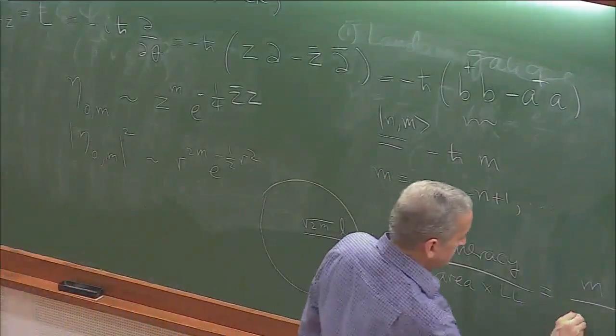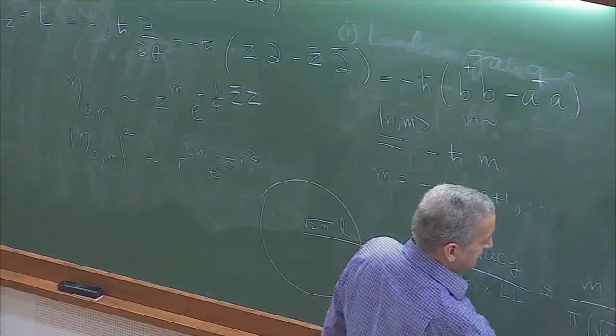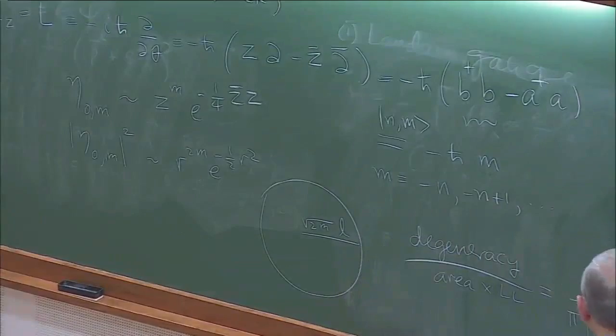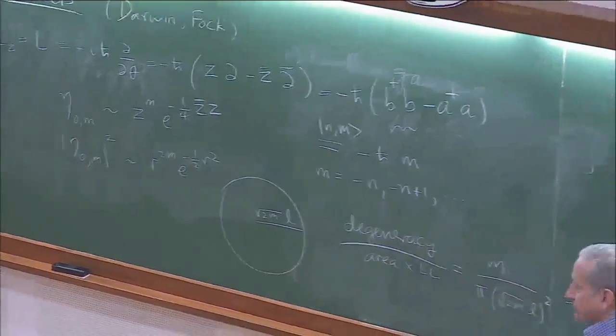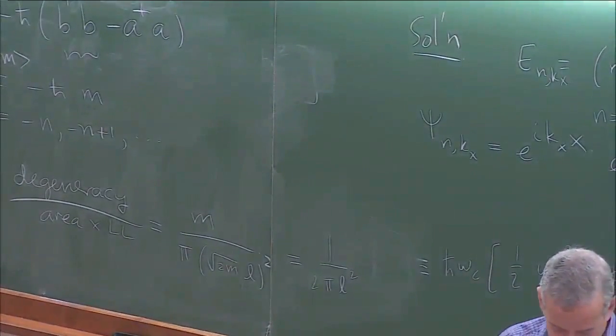And this area is pi times square root of 2m times l squared. And you can see that it gives you the same equation as what we had before.